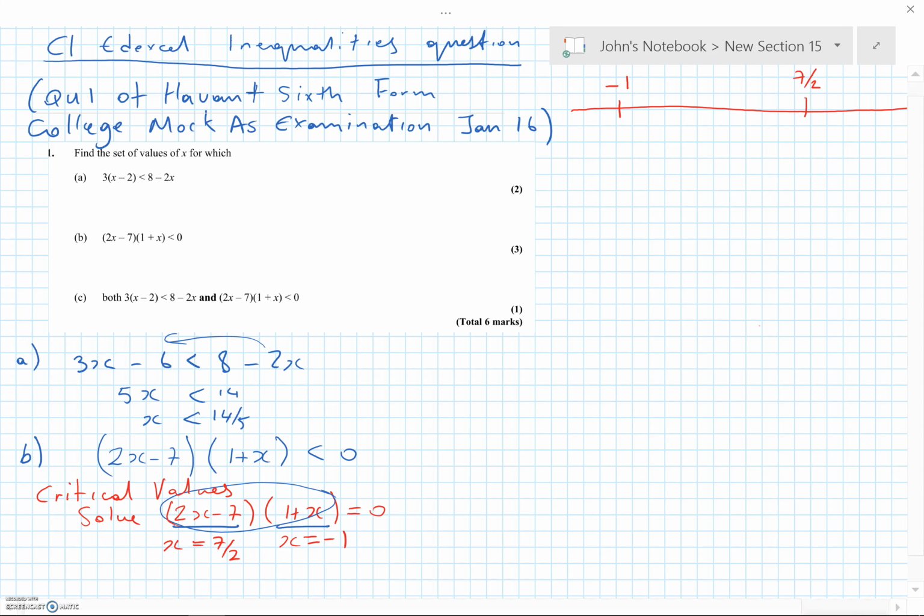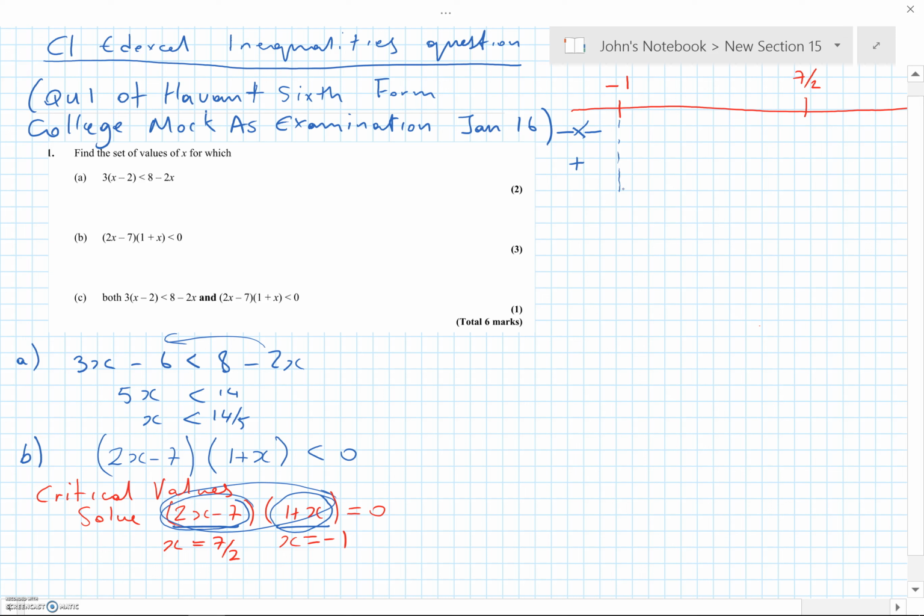Then this bracket would be minus 4 minus 7, which is negative. And this one is also going to be negative, because it's minus 2 plus 1, which is negative. Those multiplied together are going to make a positive. So we've got that bit there being positive.